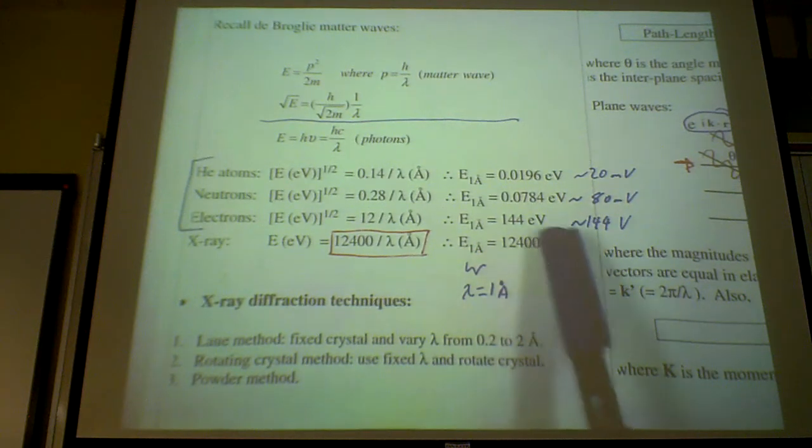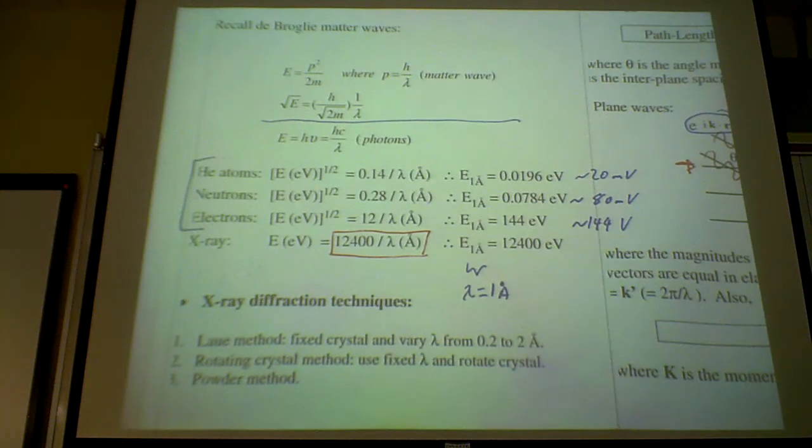So it's very close to this 1 Angstrom limit. It gives you about 1.5 Angstrom, which is a very good match for diffraction phenomena. That's why people love to have a copper source, because it's between 1 and 2 Angstrom.